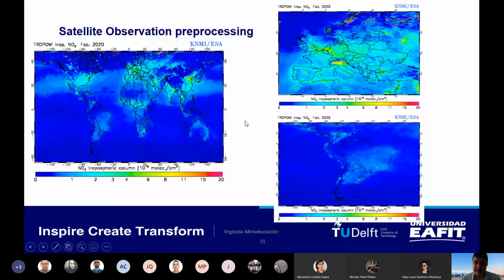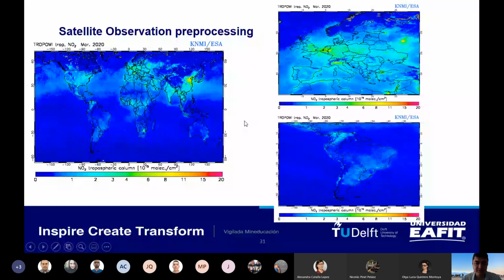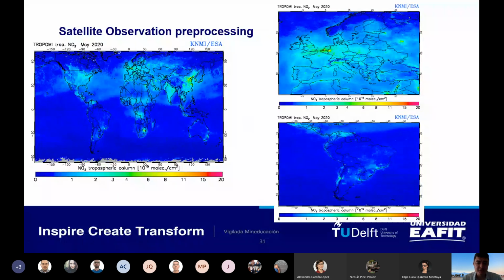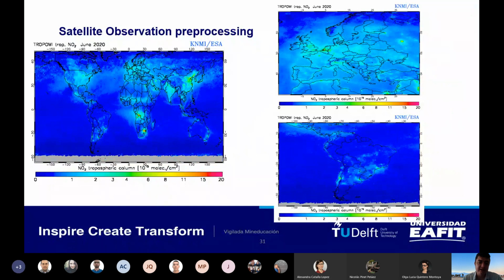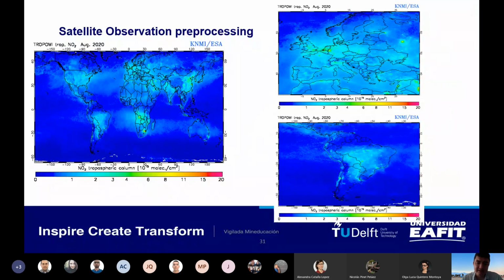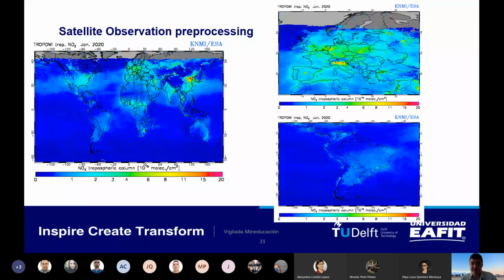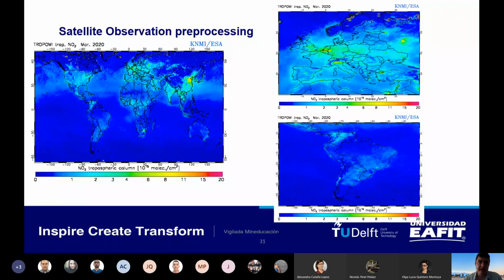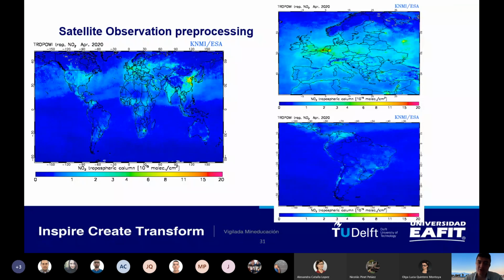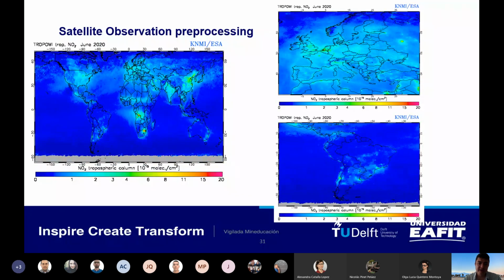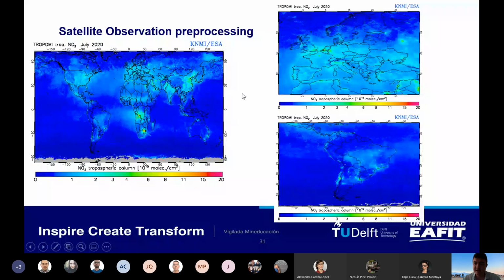This satellite in the last 6 months, just a curiosity, has been relevant in measuring how COVID impacted the decrease of human activities all over the world from the lockdown, and different regions have drastic changes.